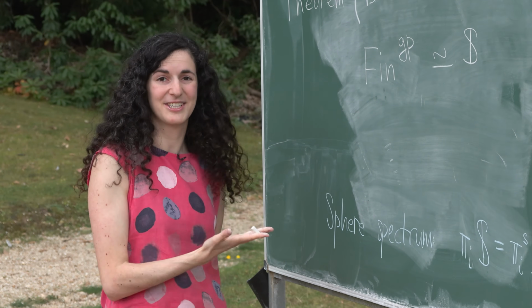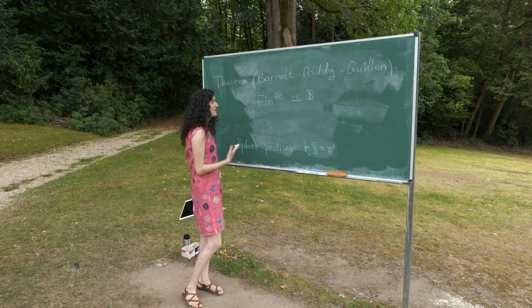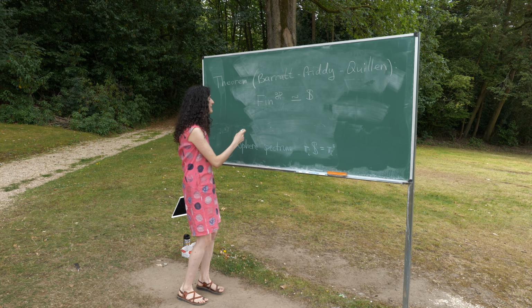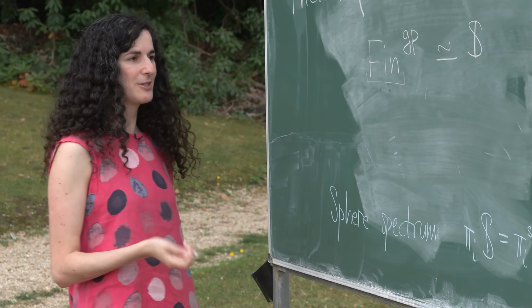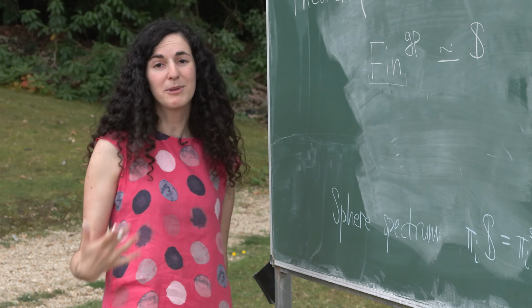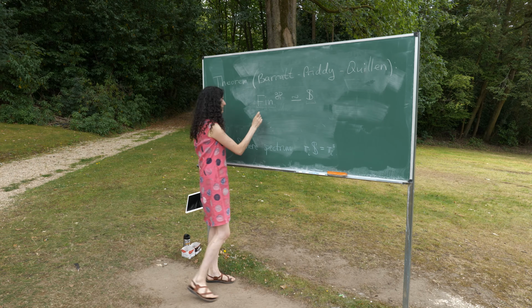I find this result very surprising and beautiful because, first of all, it again shows the power of group completion, because we took something as simple as finite sets and got out of it something as chaotic and complicated as stable homotopy groups of spheres.